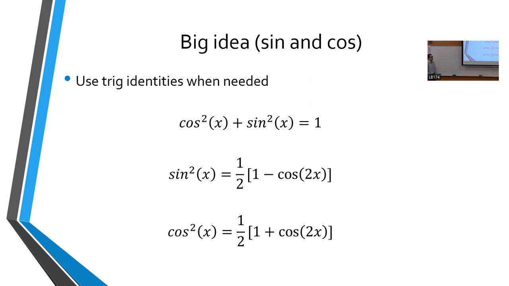There are also identities for sine squared and cosine squared using double angle formulas. Cosine squared is 1/2 times 1 plus cosine of double whatever that angle is, 2x. And then sine squared is very similar, 1/2 times 1 minus cosine of 2x.